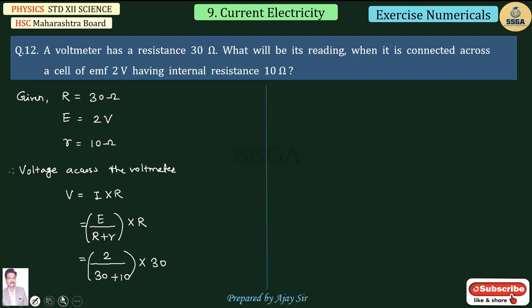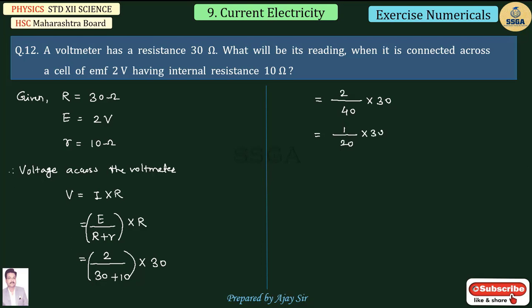So let us solve this. V is equal to 2 divided by (30 plus 10), that is 40, into 30. So 2 2s are 4, that means it is 20.